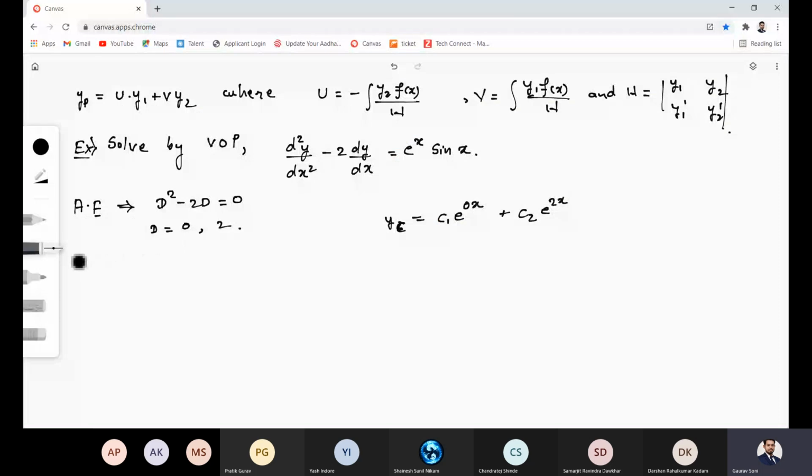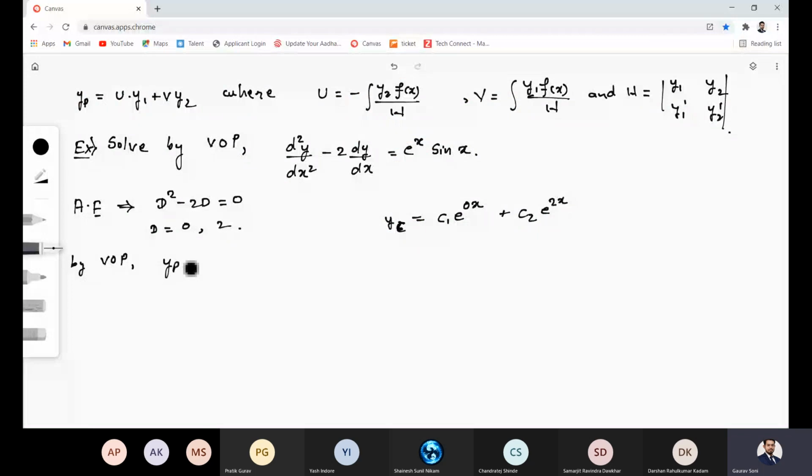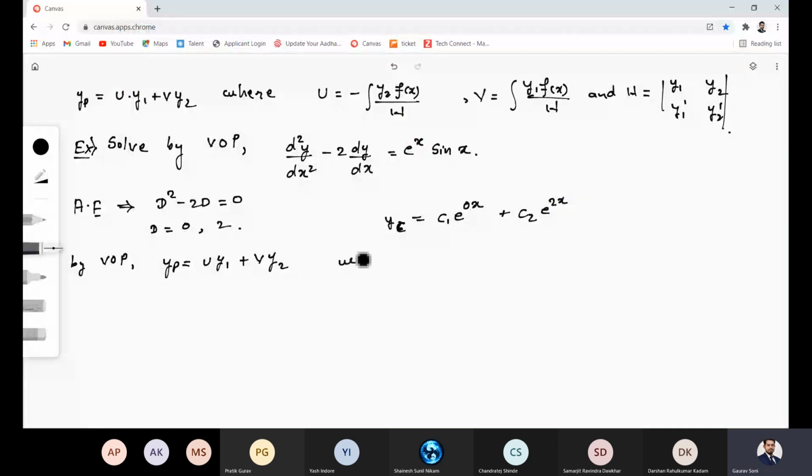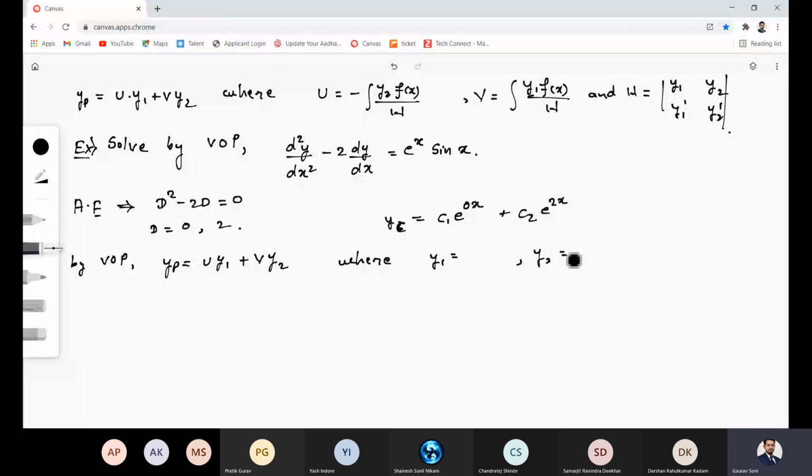So by variation of parameters, assume that yp is equal to u times y1 plus v times y2, where y1 is equal to, y2 equal to, what is y1? e raised to 0x, which is 1. y2 is e to the power 2x.